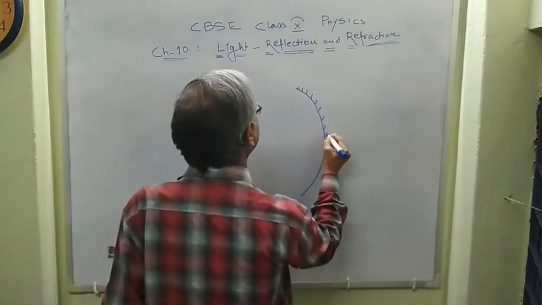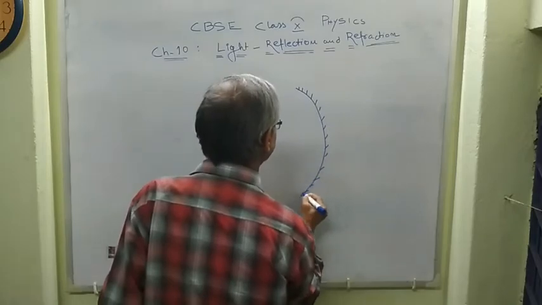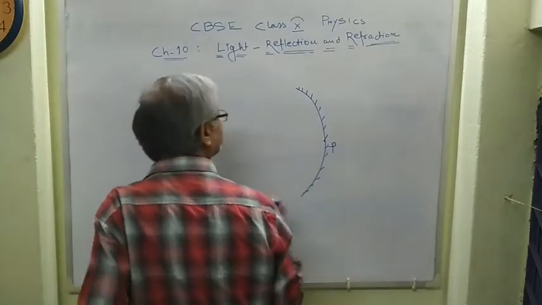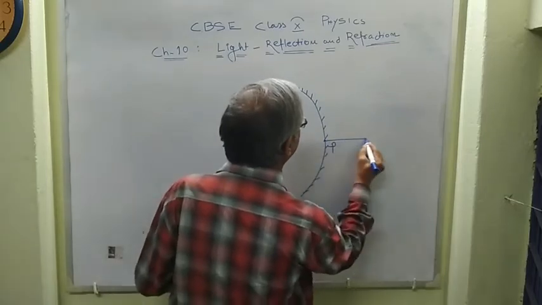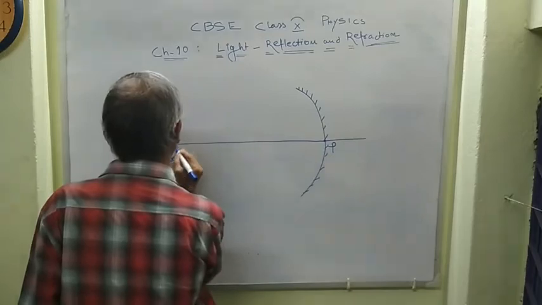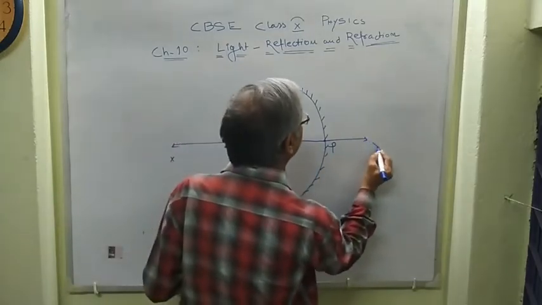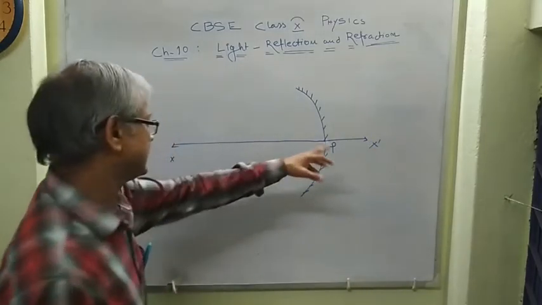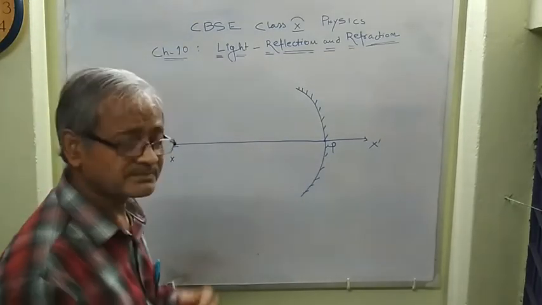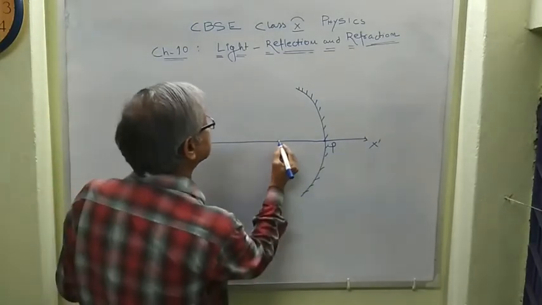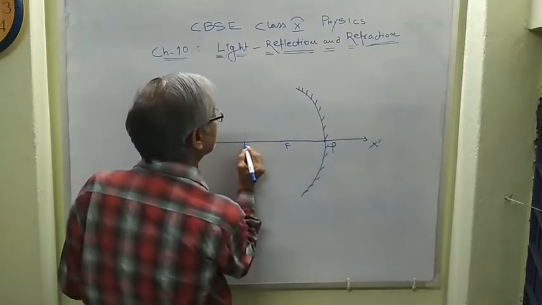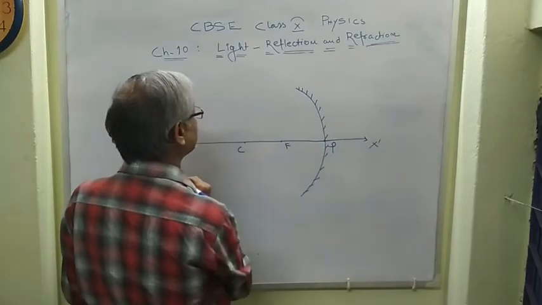Remember, we take only the reflecting spherical mirror, where P is the pole of the mirror, and this is the first principal focus F. This is the center of curvature C, right?